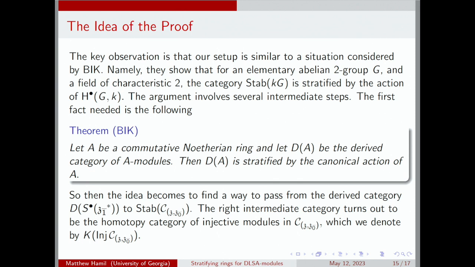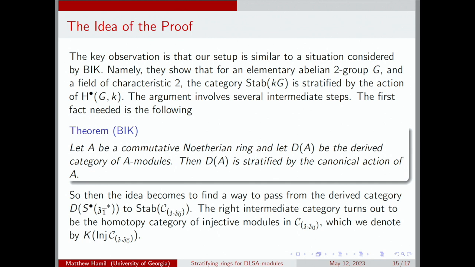The first thing to realize is that if you have A being a commutative Noetherian ring, and you consider its derived category of A modules, then this derived category is stratified by the canonical action of A. The idea is to find a way to pass from this derived category over the cohomology ring to the stable category.